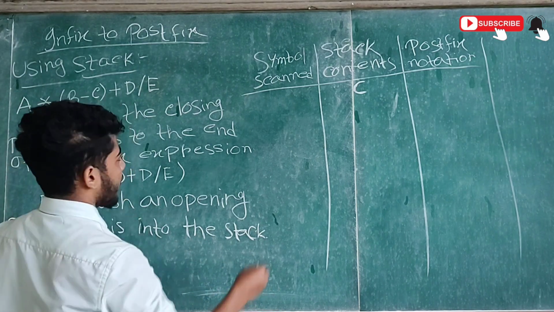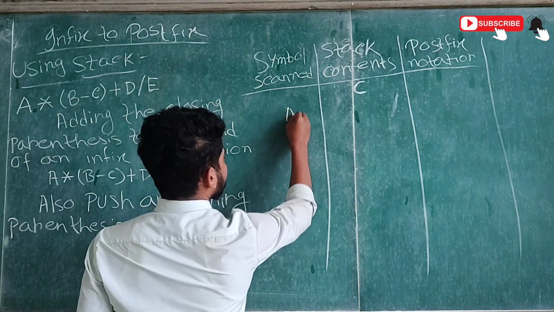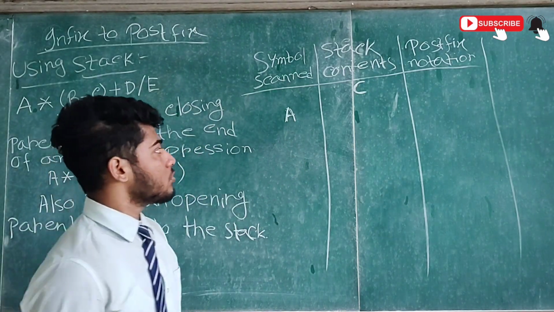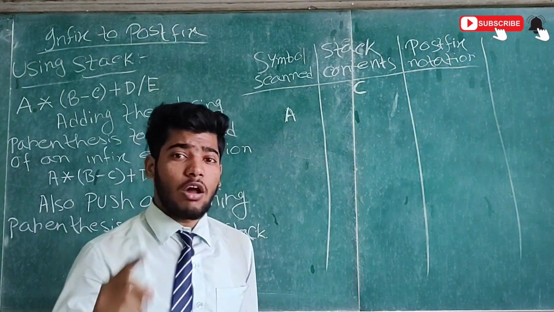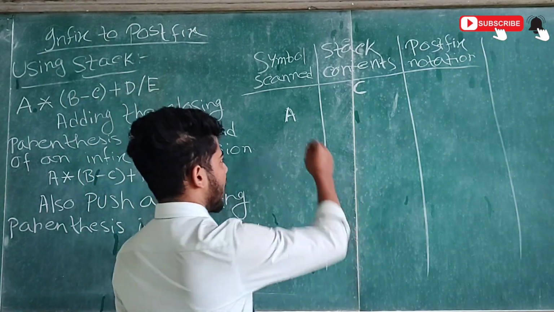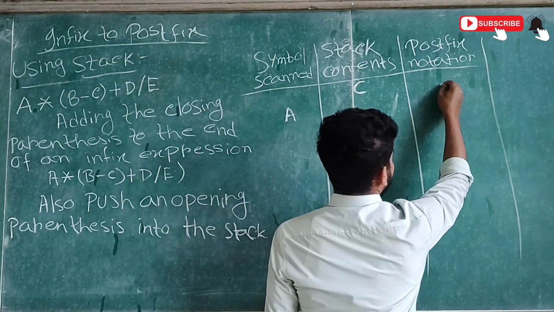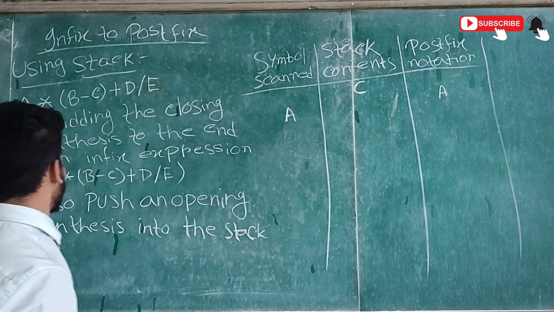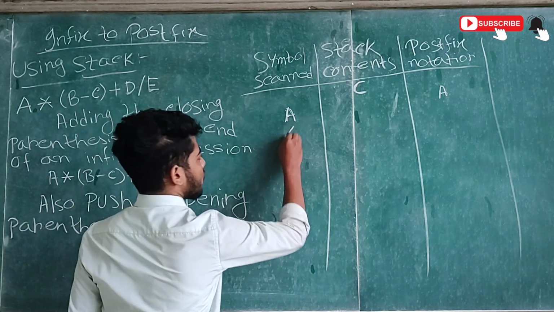So first symbol is A. A is an operand. In the algorithm, if the symbol is an operand, then directly add it to the postfix notation. Next symbol is multiply.